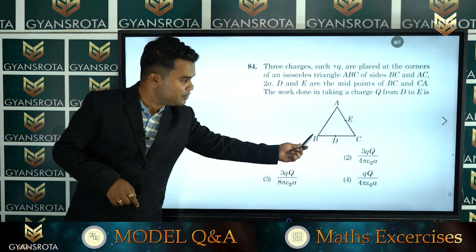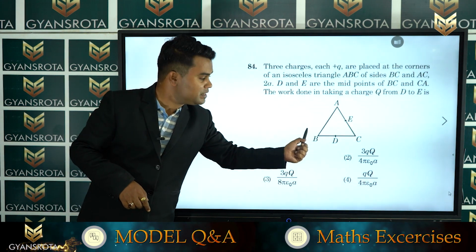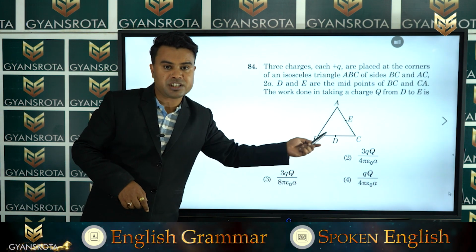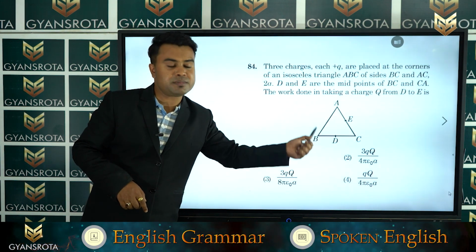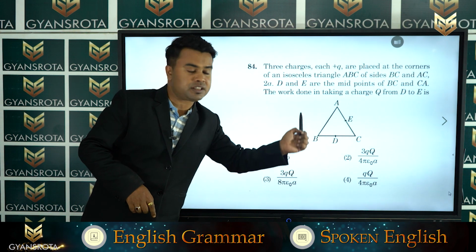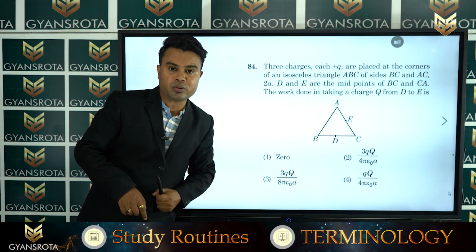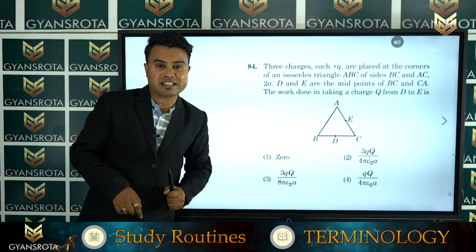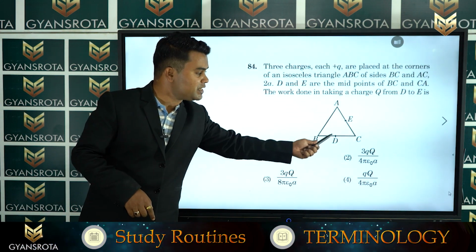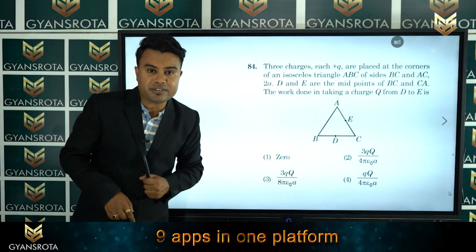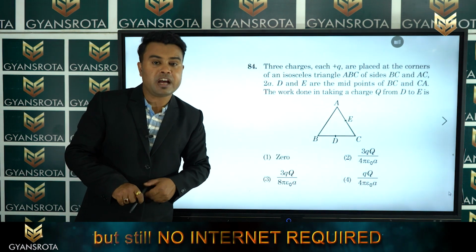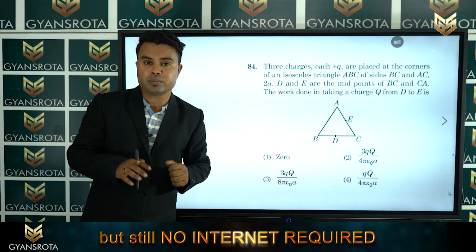So out here the distances BC and AC are the same, the isosceles sides, and the charges are plus q. So at this point the potential will be the same, and at this point also the potential will be the same, right, as the distance is the same. If the potential is the same at these 2 points, the potential difference between D and E will be how much? 0. And if the potential difference is 0, work done will be how much?